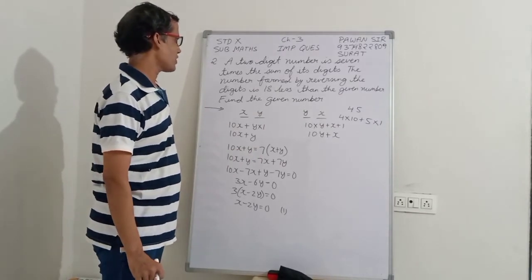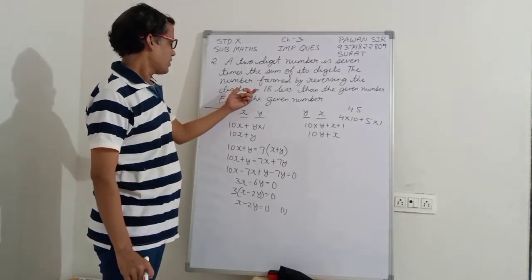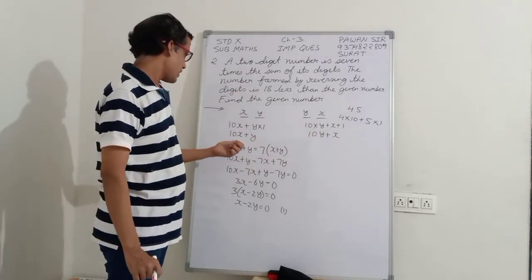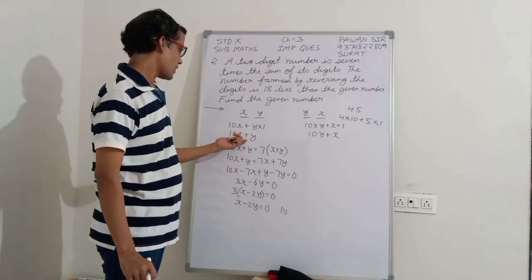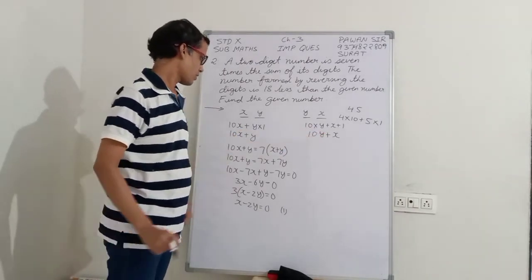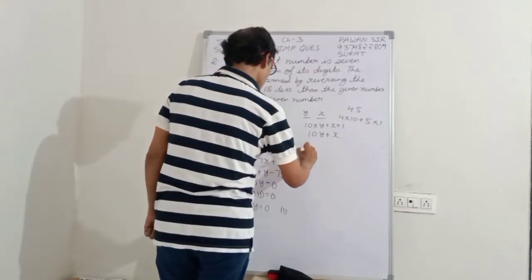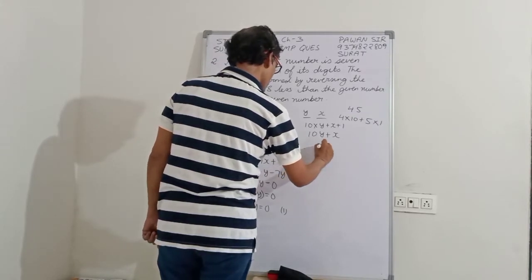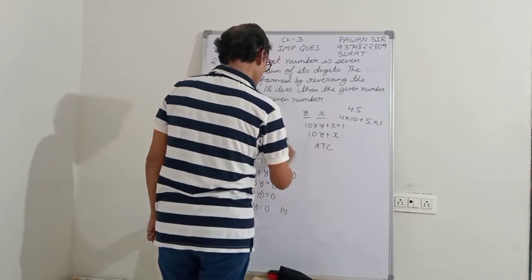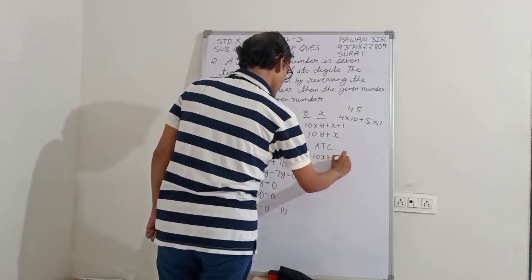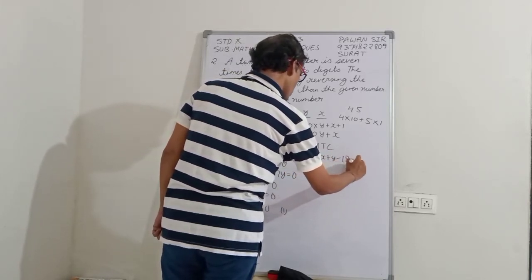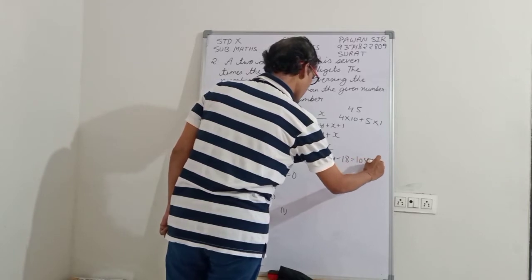Okay. Now according to the given condition, after reversing the digits, this number is 18 less than the given number. It means if you subtract 18 from this number, you will get this number. So according to the given condition, 10x plus y minus 18 is equal to 10y plus x.